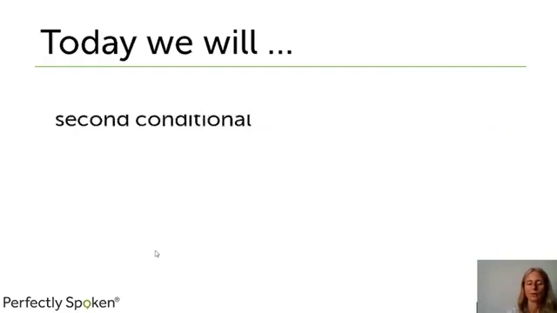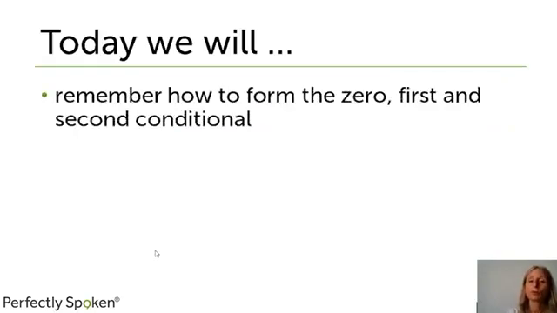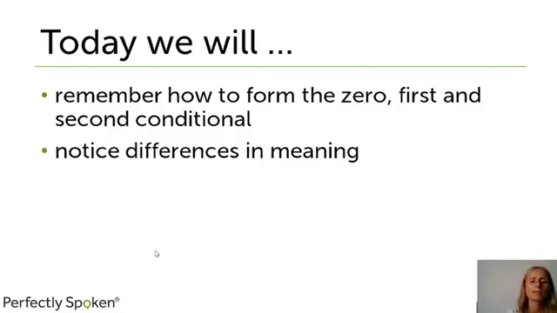So today we will remember how to form the zero, first and second conditional. Notice differences in meaning. That's very, very important. Obviously, forming them is very important, but also as your English improves, you need to notice the differences in meaning.